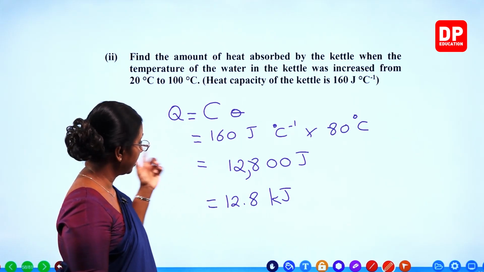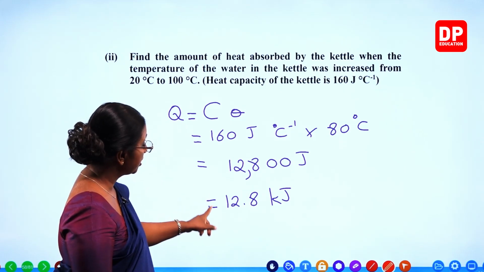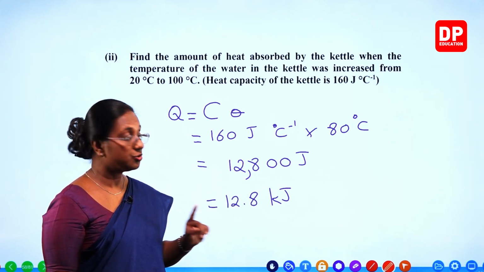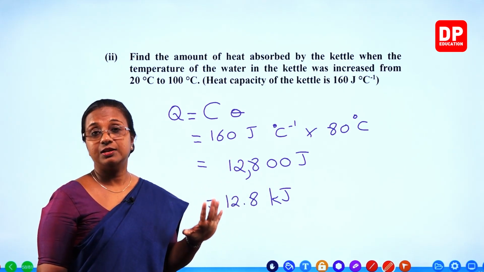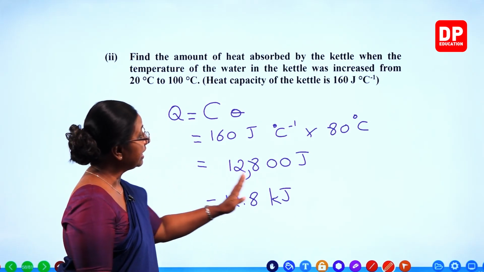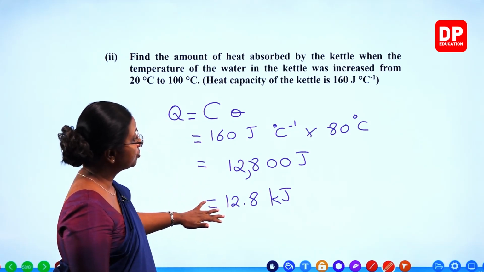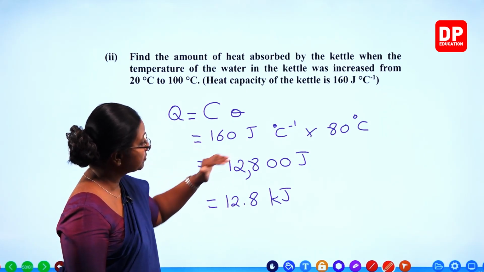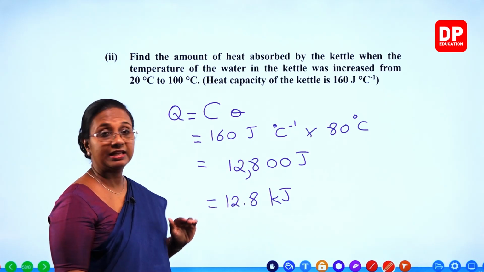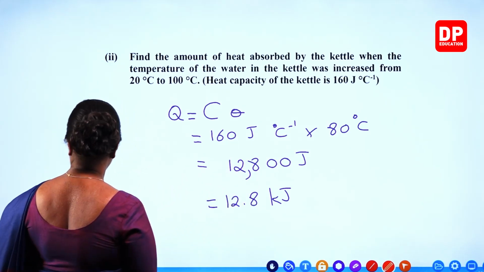So there we got the answer here also in joules: 12,800 joules or 12.8 kilojoules. Is that clear, students? So with that, I'll move on to the next part of the question. Like I told you all, here also you have to substitute correctly and calculate the final answer. Is that clear? Then the next part.